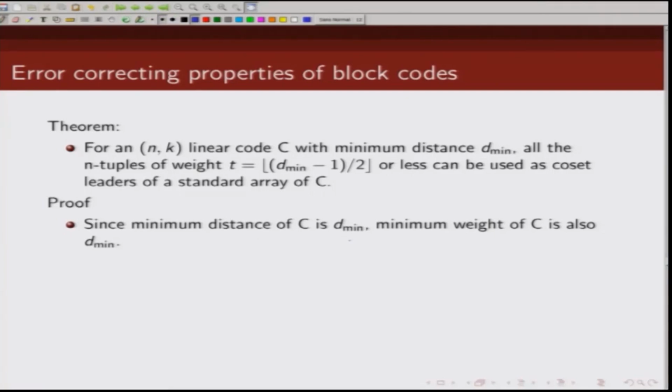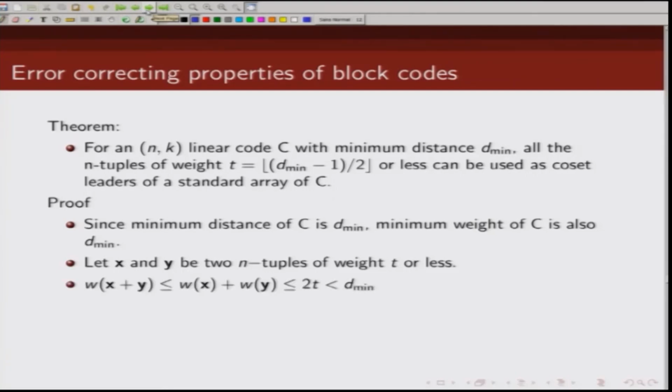So, minimum distance of a code is d min. So, minimum weight of the code is also d min. Let x and y be two n-tuples of weight t or less. Now, weight of x plus y will be less than or equal to weight of x plus weight of y. Why?